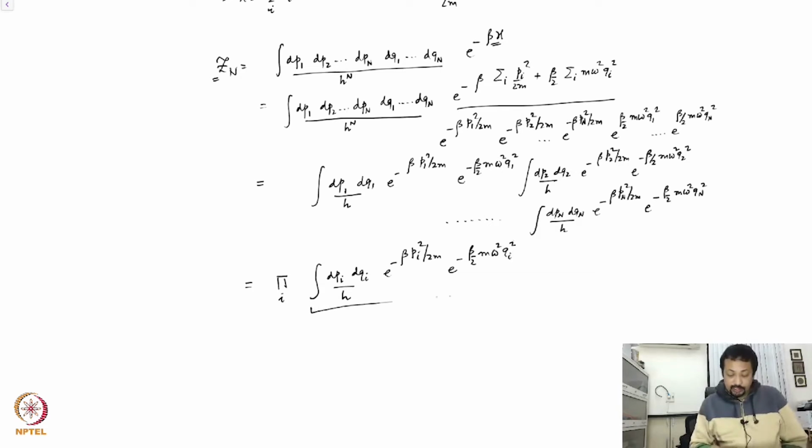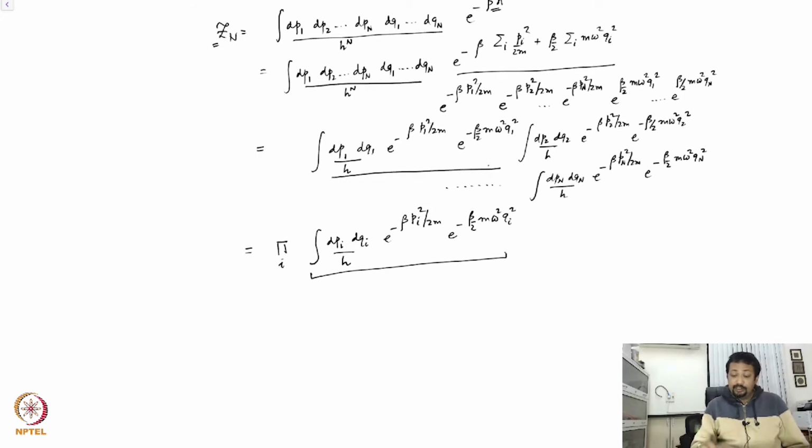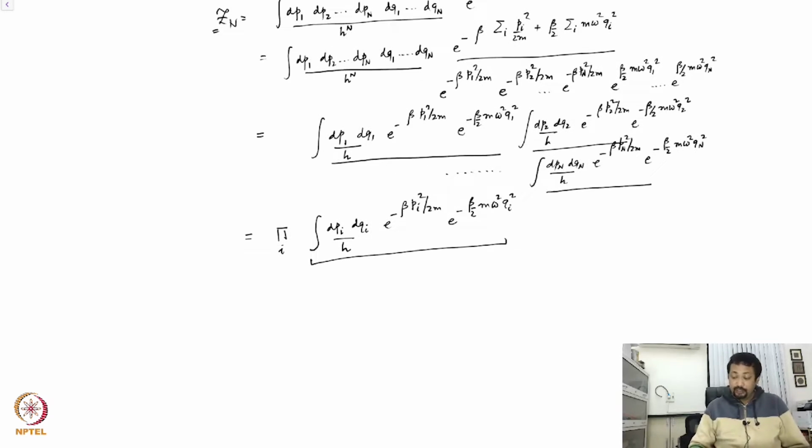Now this integral that you see is a Gaussian integral, and effectively in the earlier equation you can see that this is a product of n Gaussian integrals, where I write the integral as dp dq over h e to the power minus beta p squared over 2m e to the power minus beta by 2 m omega squared q squared. And all of this integral is going to give me I, all the way over i.